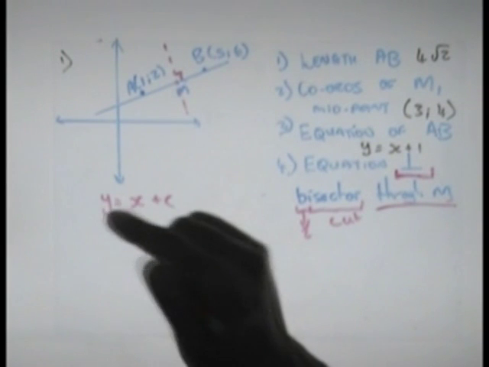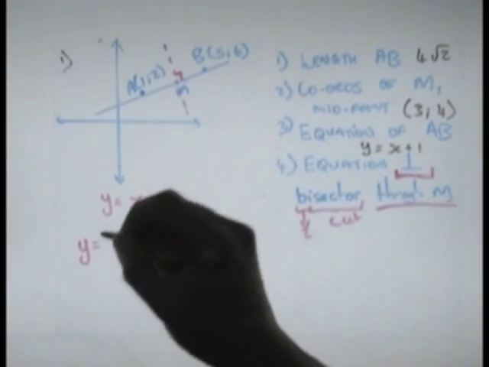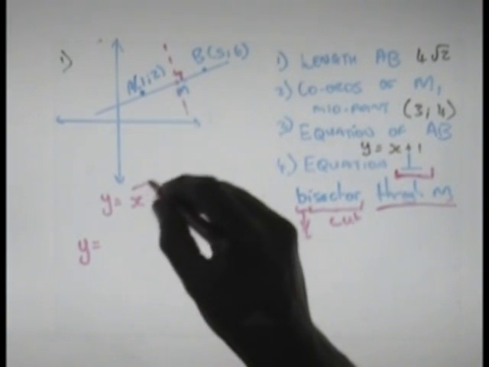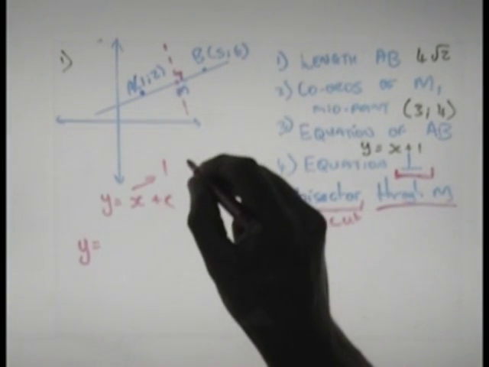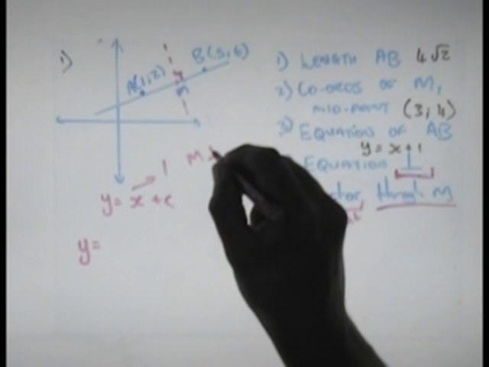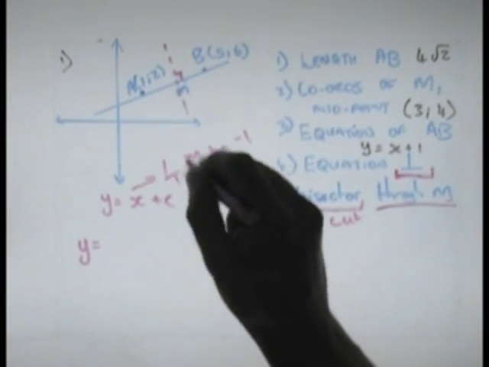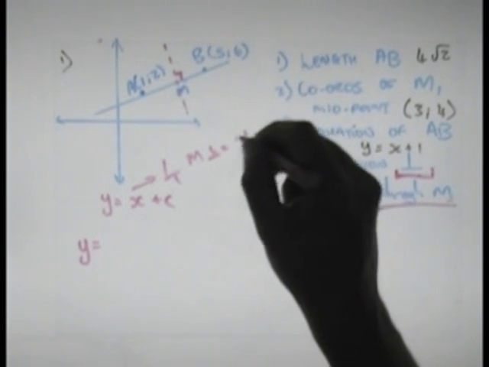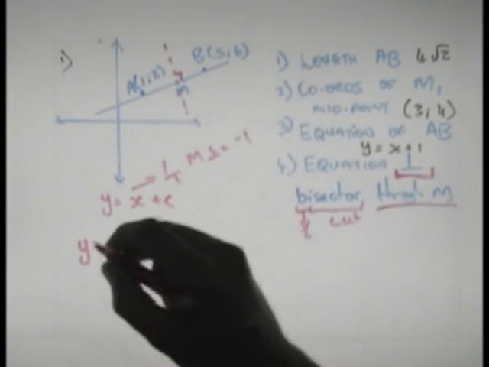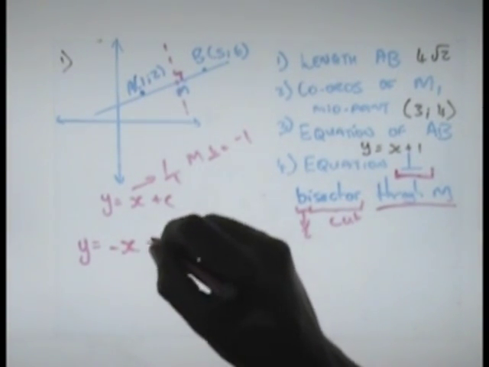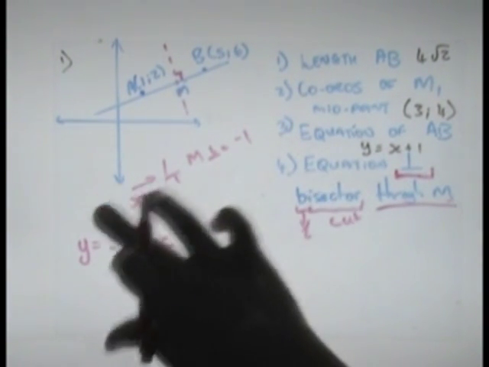Of our new equation, we're going to have y is equal to, if our original gradient was 1, our perpendicular gradient is going to be negative 1, because that's 1 over 1. Flip it around, it's still 1, and change the sign. That means that our new equation will read y is equal to negative x plus c.